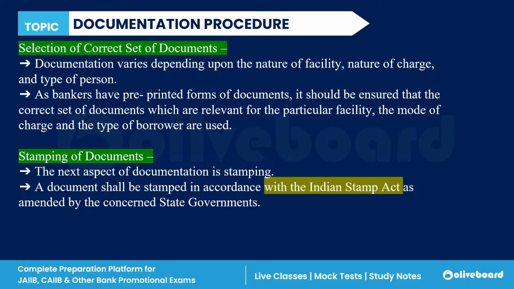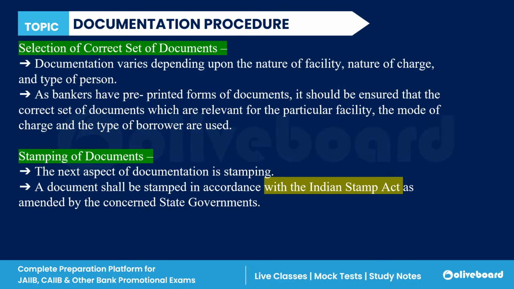For example, the documentation needed for an individual cannot be the same as that needed for a partnership or company. Or the documents needed for an overdraft facility may not be the same as those needed for cash credit or a loan. Every financial service has its own set of documentation, plus every individual, company, firm or partnership has another set of documents.